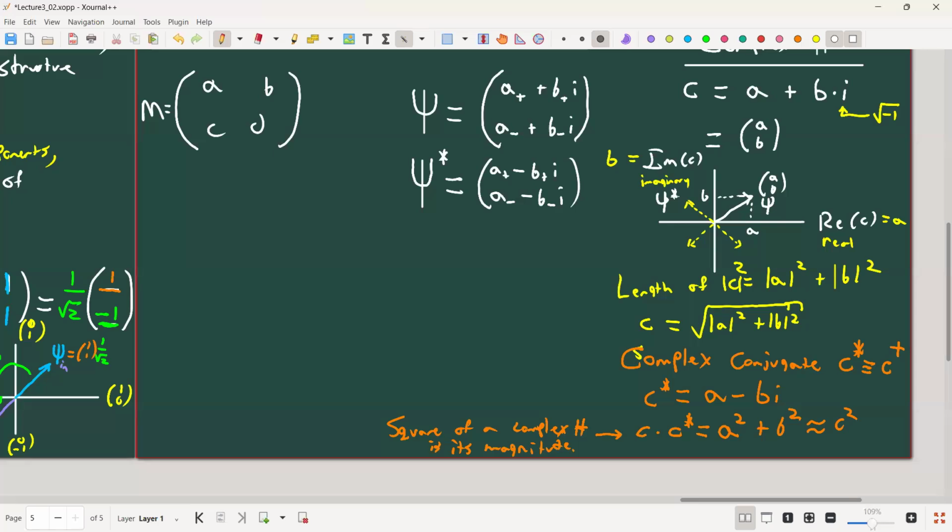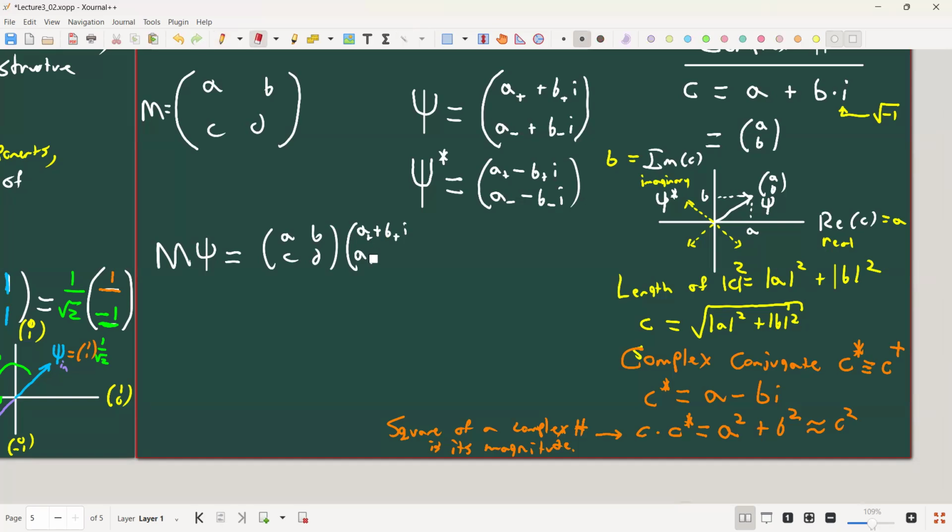Let me show you what that means. So we have m times psi, which is a, b, c, d, a plus b plus I. I'm not going to do the math of this, but I'm just going to set it up for you. And a minus plus b minus I.